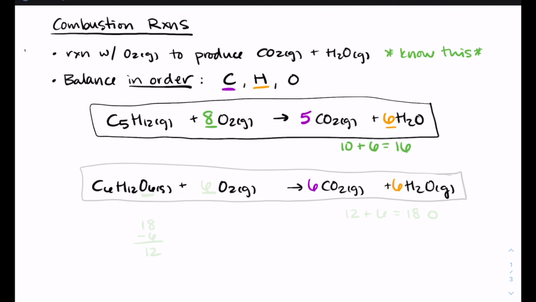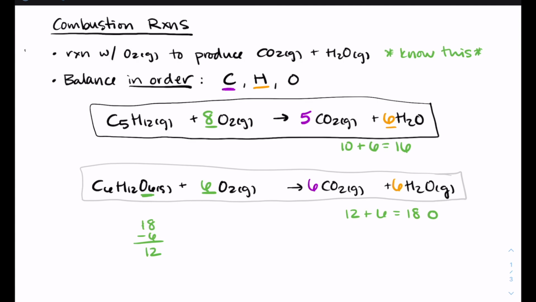For oxygen, I have 12 oxygens from carbon dioxide and 6 oxygens from water, so I need a total of 18 oxygens on the left. Out of the 18, 6 of them are already there in the C6H12O6. So 18 minus 6 is 12, so I'm only trying to make up 12 oxygens from the O2. So I will put a 6 in front of my O2, and now it is beautifully balanced.